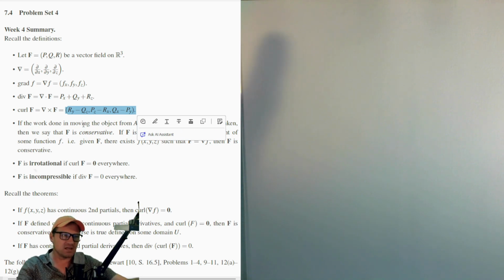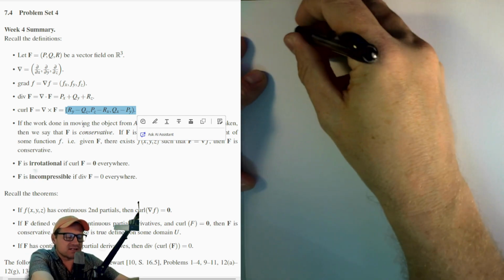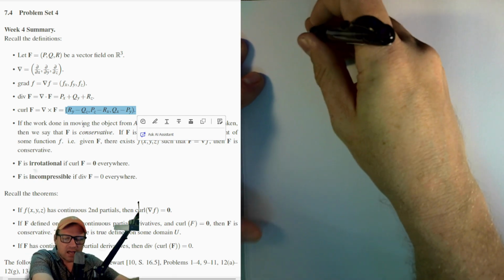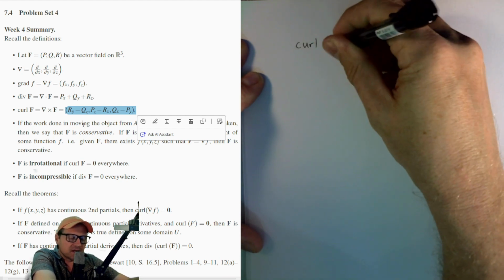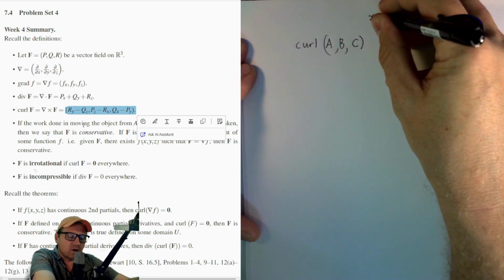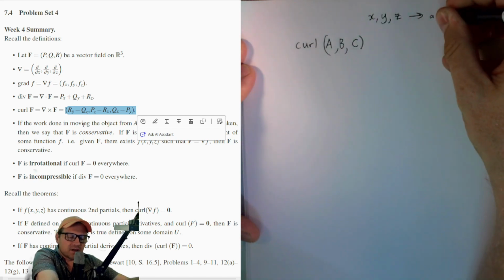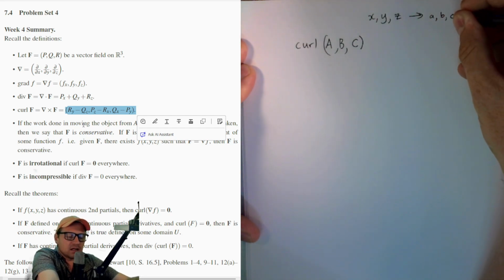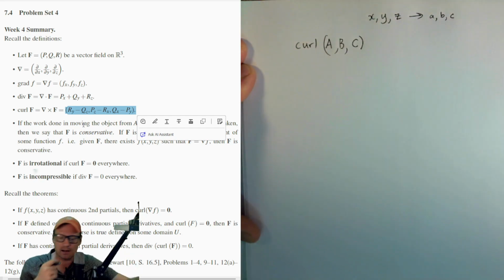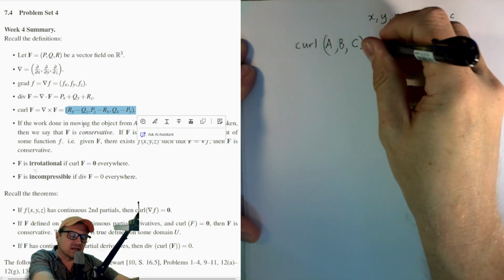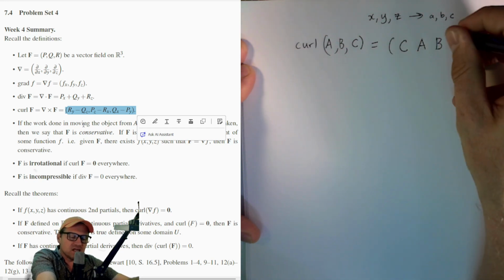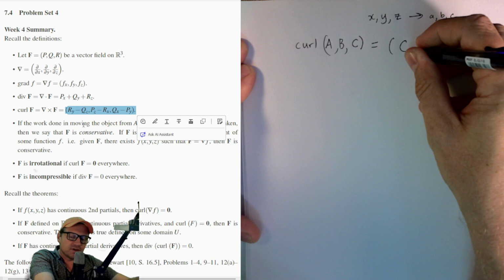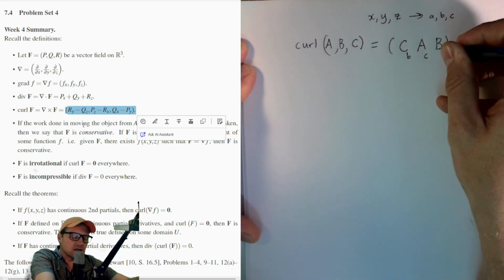Okay, and if you like acronyms, then we can also do this another way. If instead of P, Q, R, I use A, B, C, and I write curl of uppercase A, uppercase B, uppercase C, and instead of x, y, z, I use lowercase a, b, and c, then this line right here can be remembered perhaps more easily as uppercase C, uppercase A, uppercase B, differentiated respectively with respect to b, c, and a.